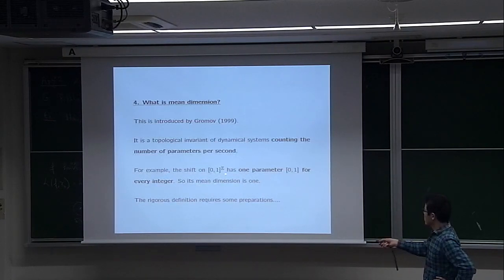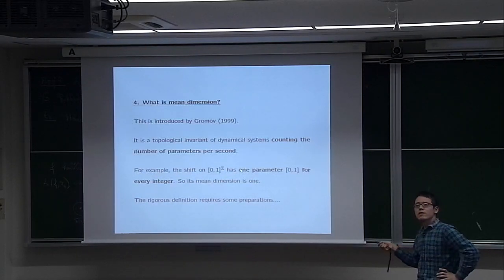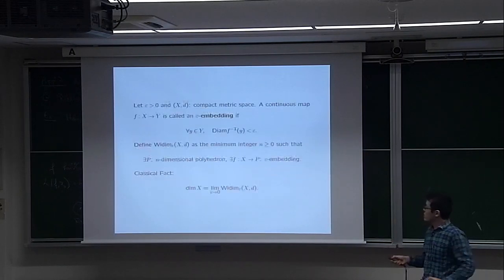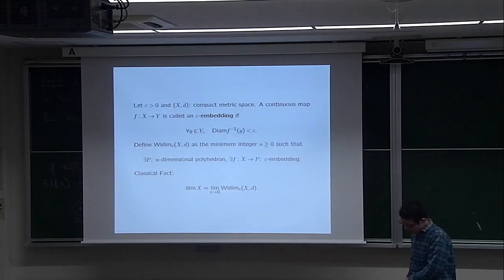For example, consider the shift on the Hilbert cube. Intuitively, this system has one parameter for each integer, so its mean dimension is 1. And of course, this is non-rigorous, so the rigorous definition is as follows.